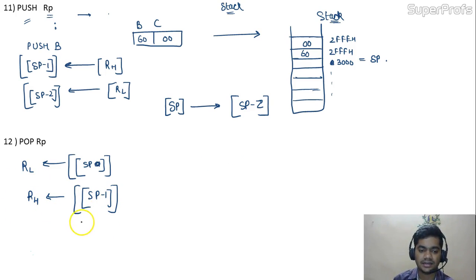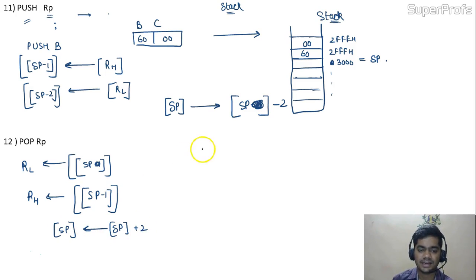Okay, and the content of the stack pointer would change from SP to SP plus 2.